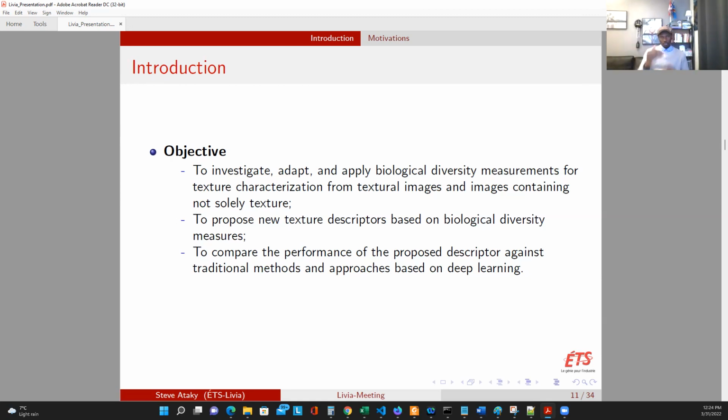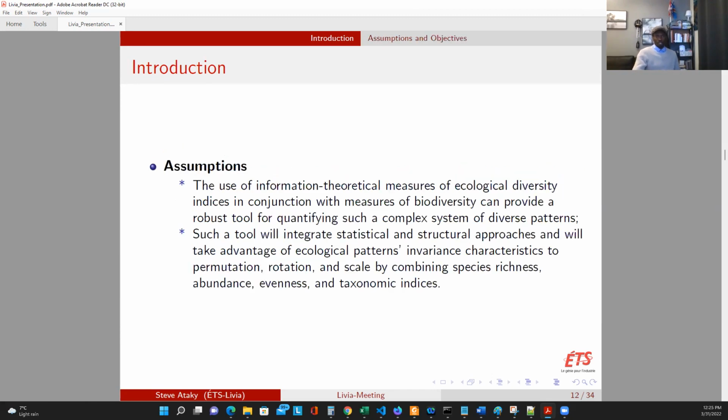So we have three sub-objectives, which are to investigate, adapt, and apply biological concepts, which are taxonomic indices and biodiversity measurements, for characterizing texture from an image, and to propose new texture descriptors based on biological diversity measurement. And also, we would like to compare the performance of the descriptor that we are proposing against classical methods and some deep ones in the literature.